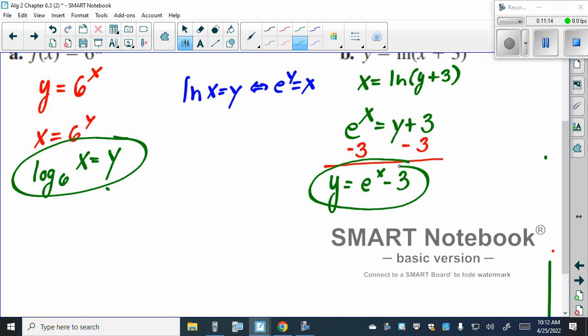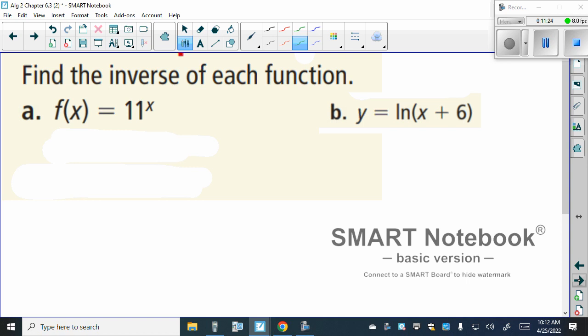Any questions on any of this here so far? Any questions on anything we've done thus far? We good with these here? We ready for these next two here?